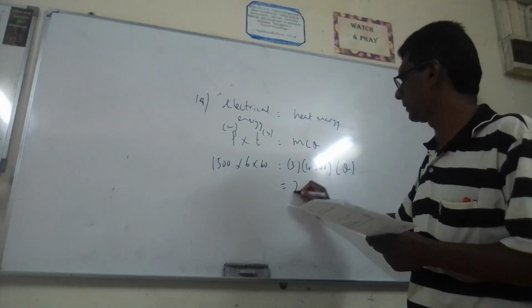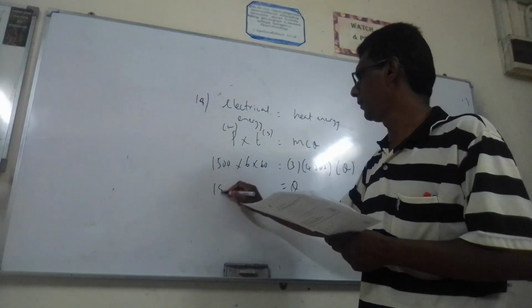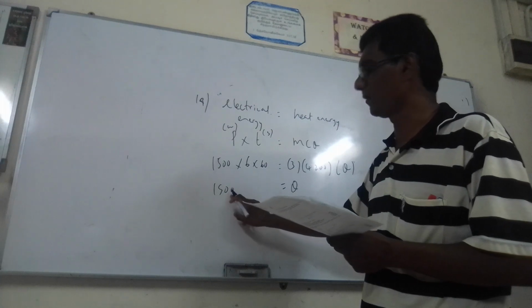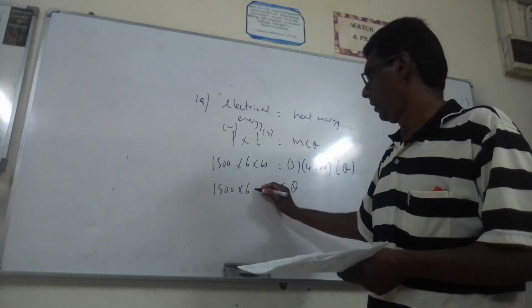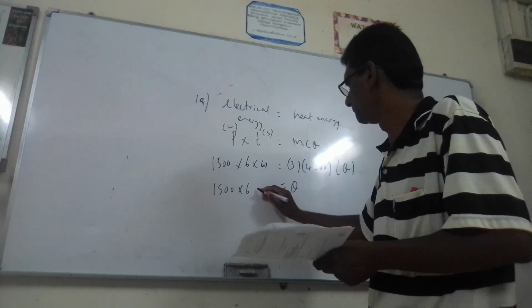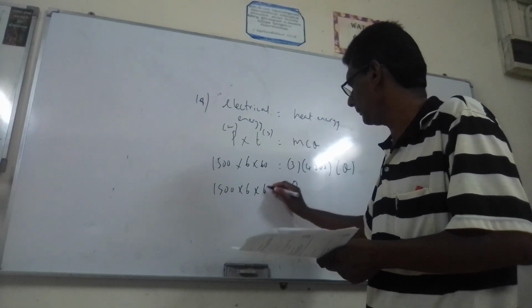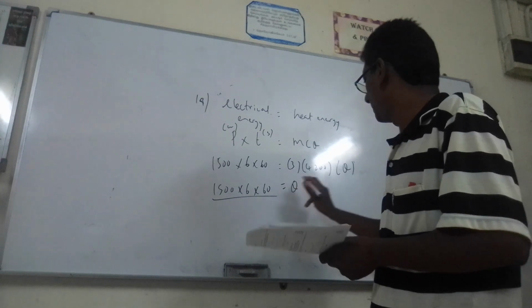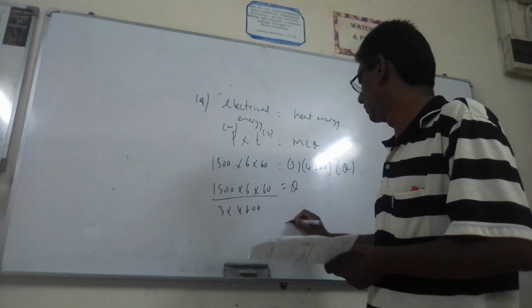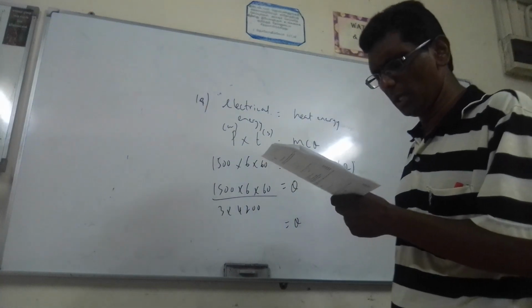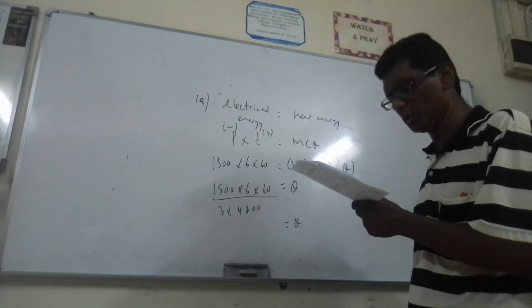So theta equals 1500 times 6 times 60 divided by 3 times 4200. I think theta is 42.9.